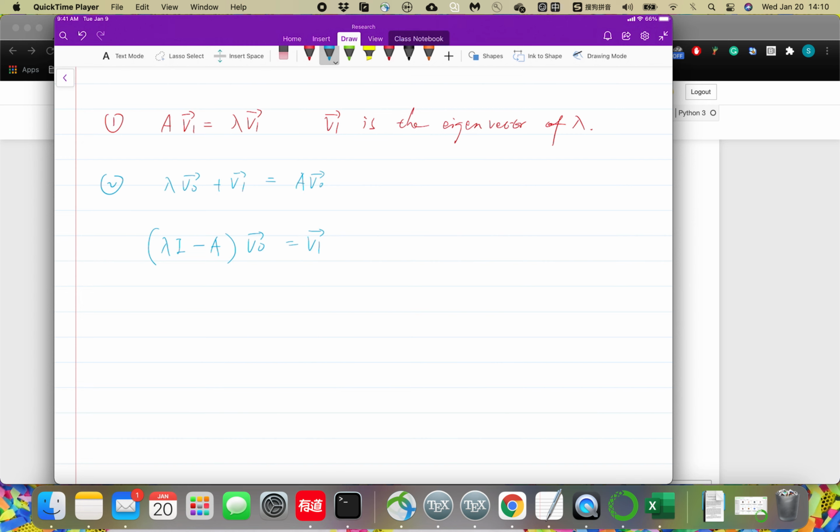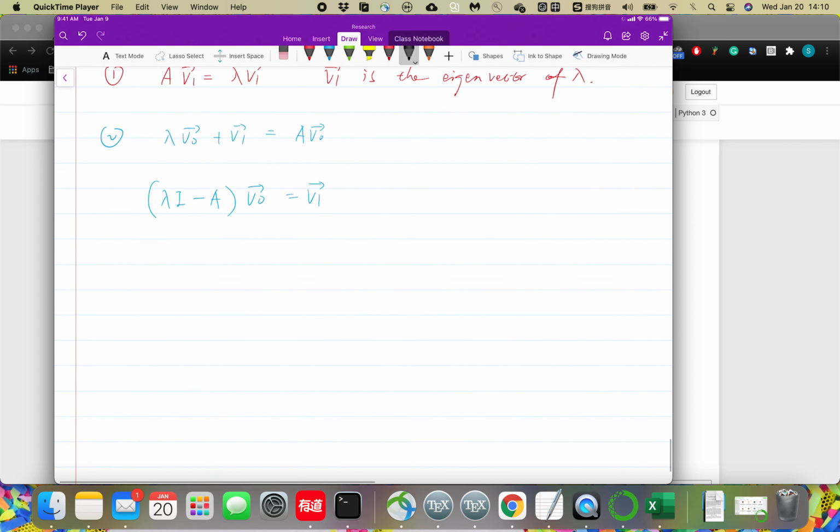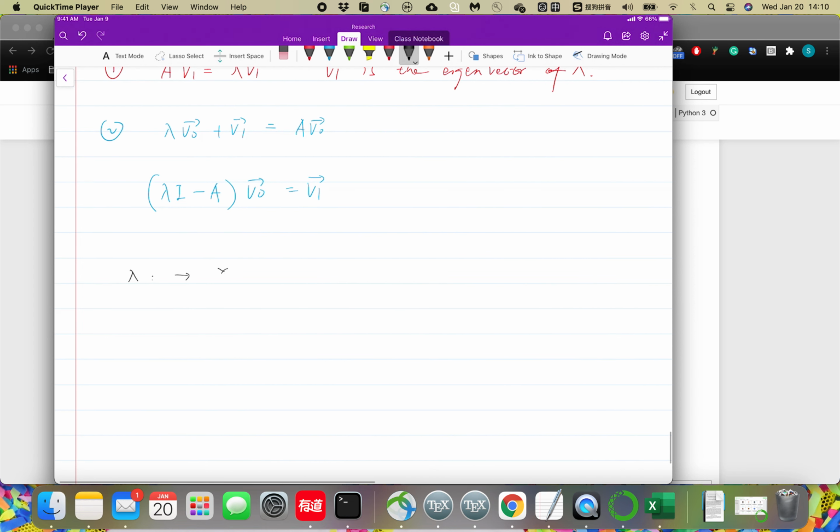Okay, so let me write down what we just did. We started from a repeated eigenvalue. Then we guess y equals this, because we only have one lambda. There's no lambda 1, lambda 2 anymore.